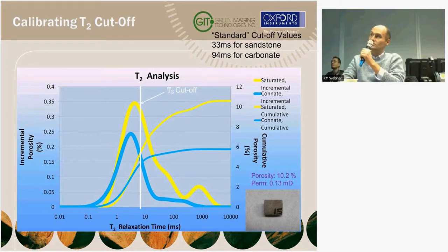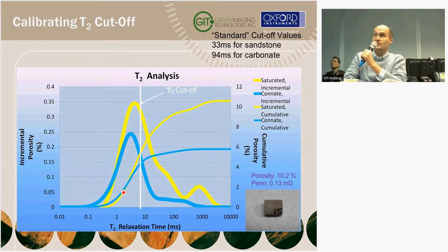Oh, okay, this one. So the common approach is the one where you calculate the area underlying the blue curve and define the cutoff. The real world is different because if you look at the yellow curve, you see, for example, that there are pores having T2 of say 5 milliseconds where there's free fluid.